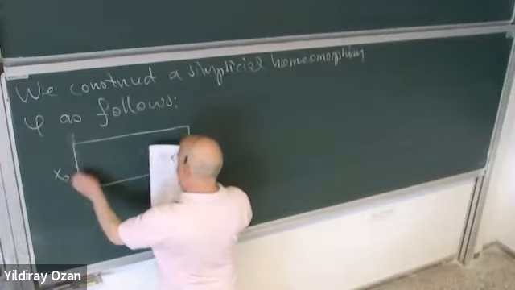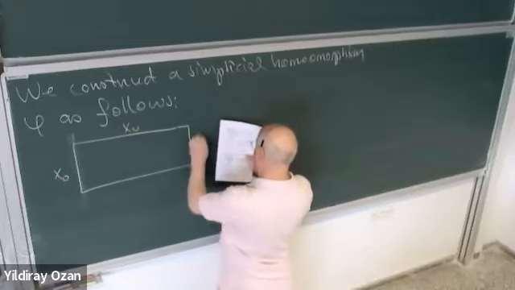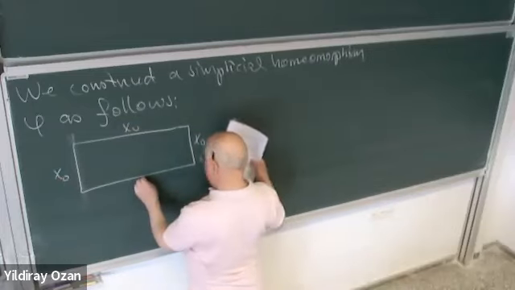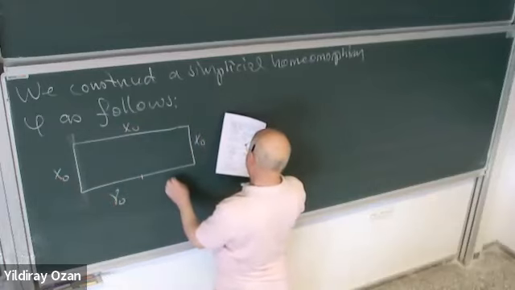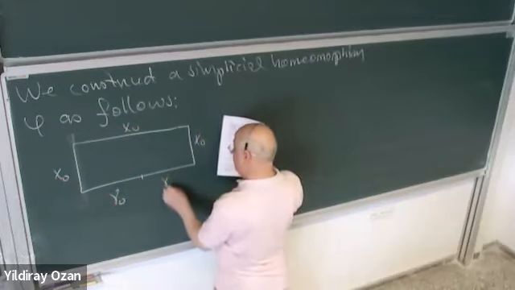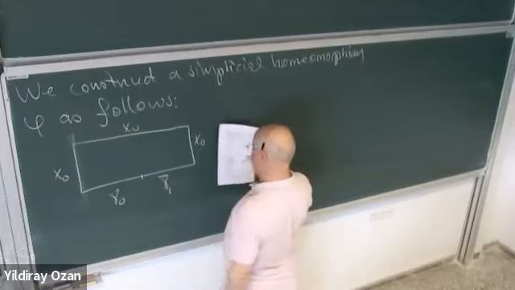Şurada x0, x0, x0. Şimdi şurası gamma 0. Burası gamma 1 inverse.